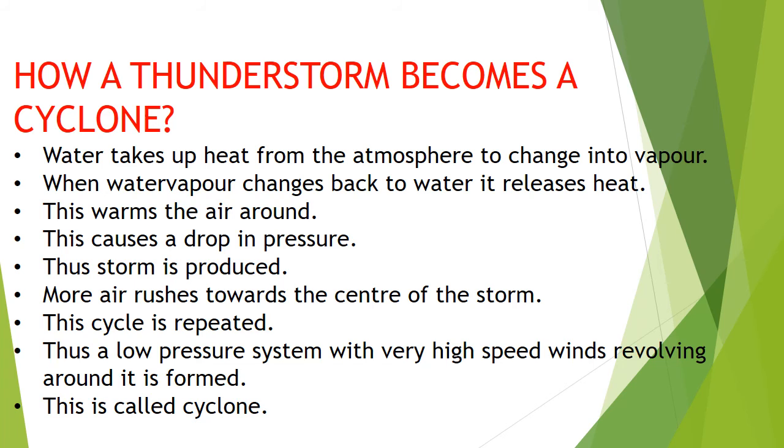This warms the air around it, and this causes a drop in pressure. Thus, a storm is produced. More air rushes towards the center of the storm, and this cycle is repeated. Thus, a low pressure system with very high speed winds revolving around it is formed. This is called a cyclone.